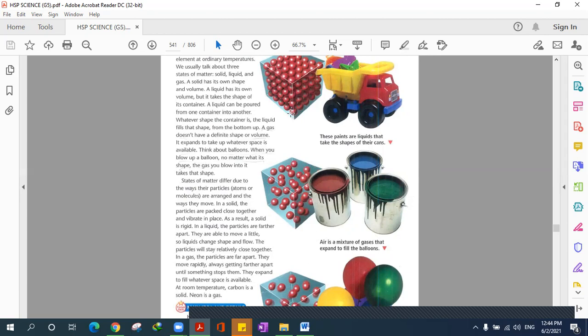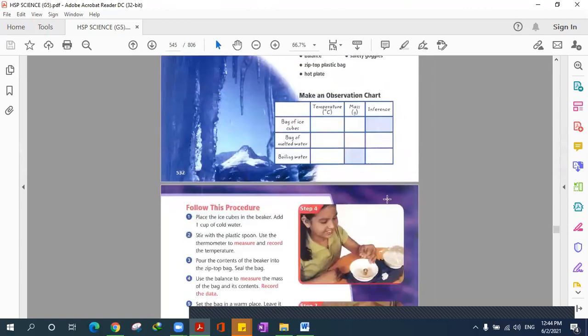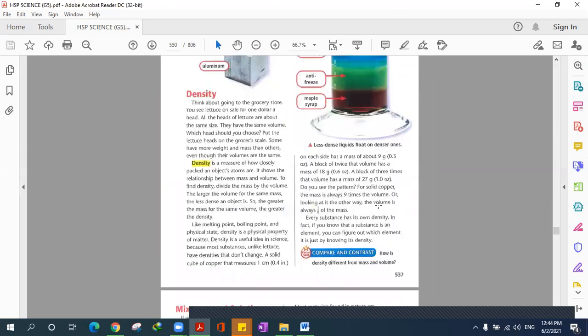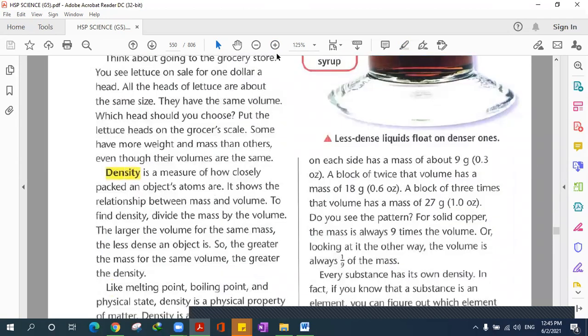How these atoms are packed together is what we call density. Density is the relationship between volume and mass. You know that mass and volume are what make up matter. What is matter? It's everything that has mass and volume. So density is the relationship between mass and volume.